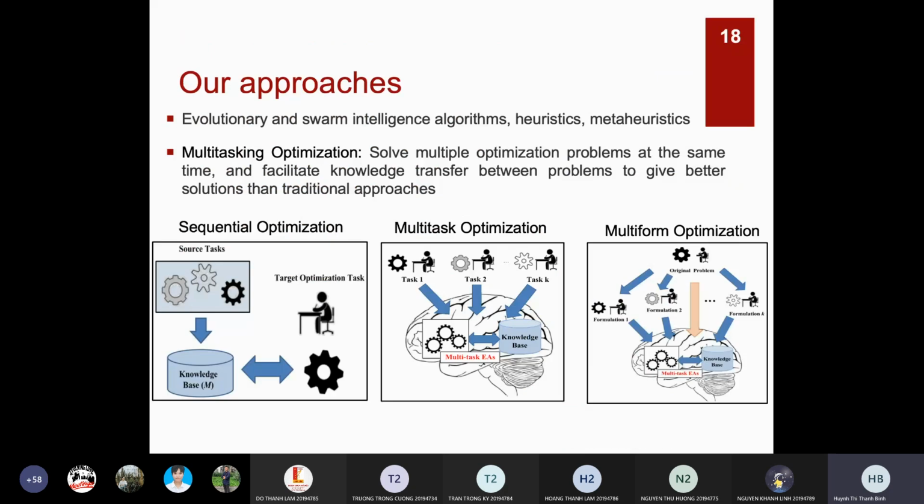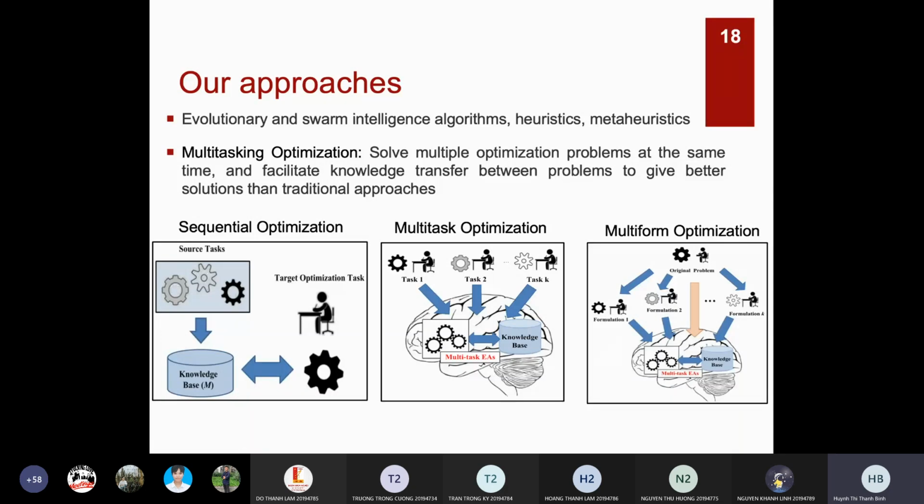And in our approach, we propose evolutionary and swarm intelligence algorithms, heuristic and meta-heuristic, for solving this kind of problem. And as you can see, multitasking optimization problem is different from single task optimization.